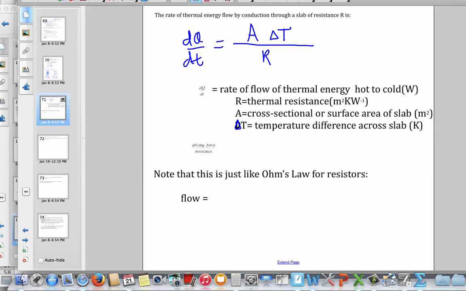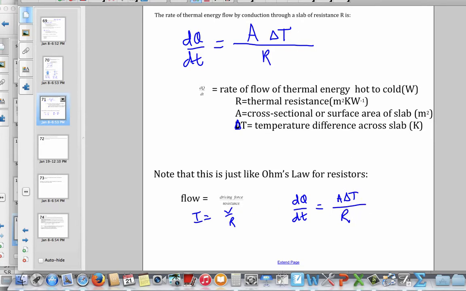Okay? Now, this is a lot like Ohm's law, because what we've just said is the flow varies directly with the driving force and inversely with the resistance. For electricity, that was I equals V over R. But for thermal energy, we're saying joules per second of thermal energy is A ΔT over the thermal resistance.